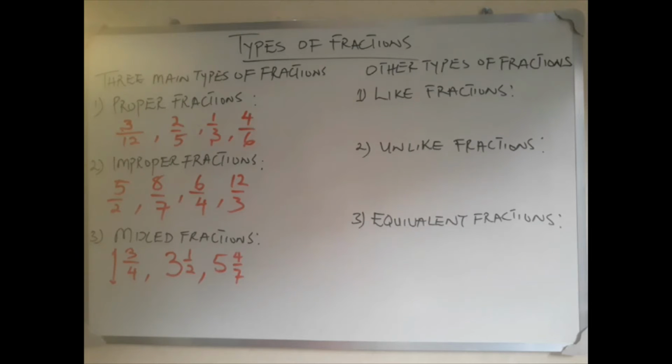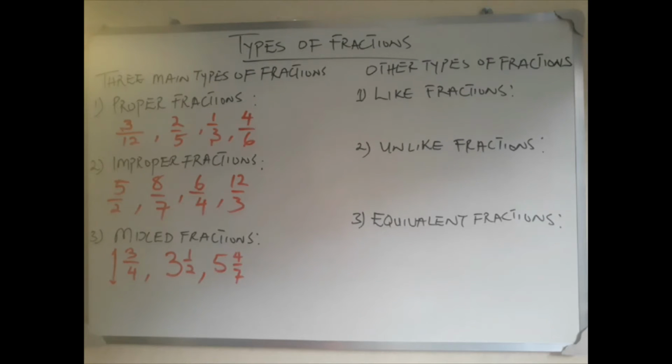Now let's look at other types of fractions. These types of fractions are classified in groups, which means they help in comparing fractions. In the three main types of fractions, they are defined based on the differences in their numerators and denominators.